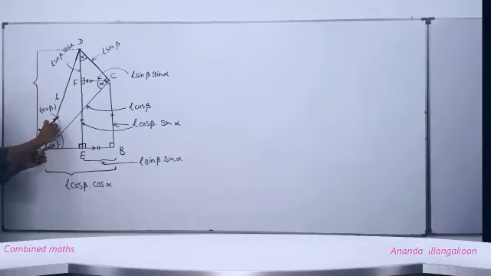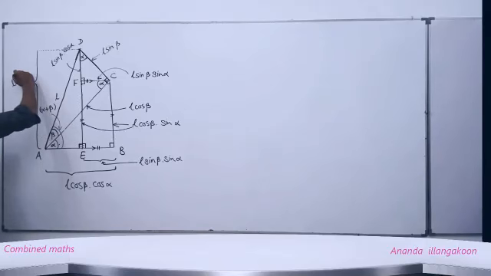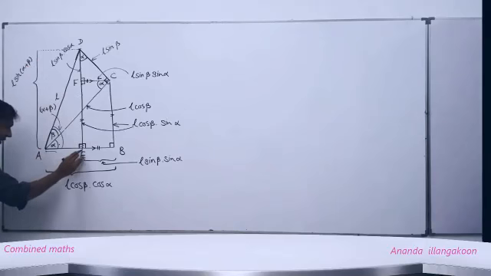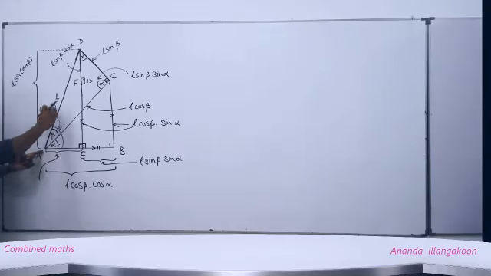Hypotenuse multiplied by the sine of this angle: L sine of alpha plus beta. And how to write this AE then? We can write AE by the triangle AED. This is the hypotenuse L, this angle is alpha plus beta, and this required side is the adjacent side. Then L times cos of this angle: L cos of alpha plus beta.